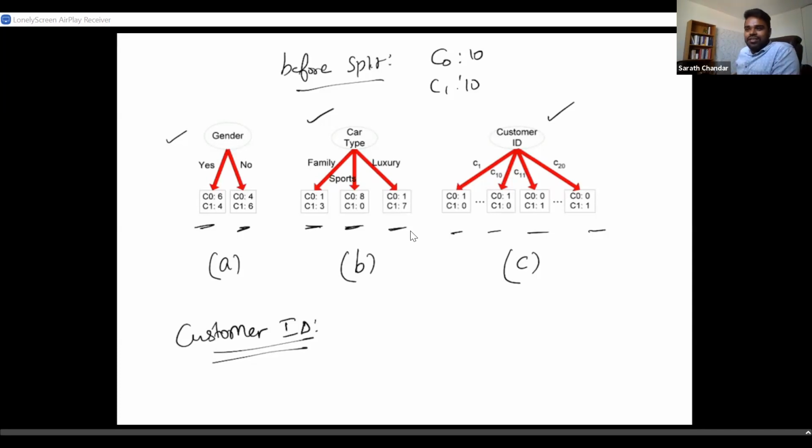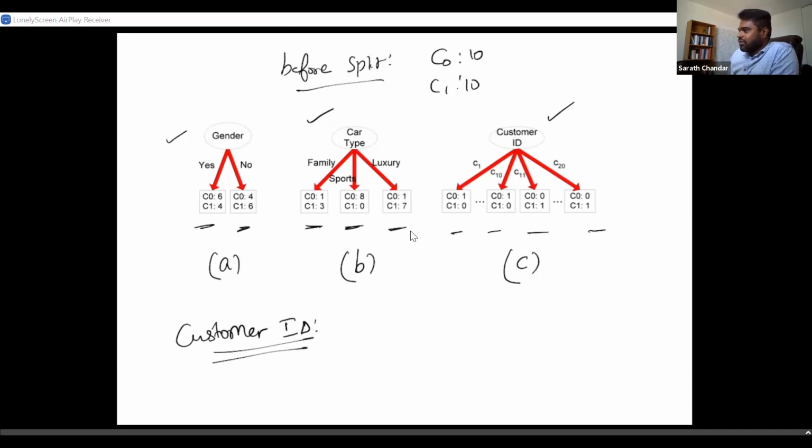But here's the issue. This is for 20 customers, right? Let's say I get a new customer. His customer ID is going to be completely new. It's not one of the old customers, right? So how can I use this tree to classify this new customer? The question is, can I?